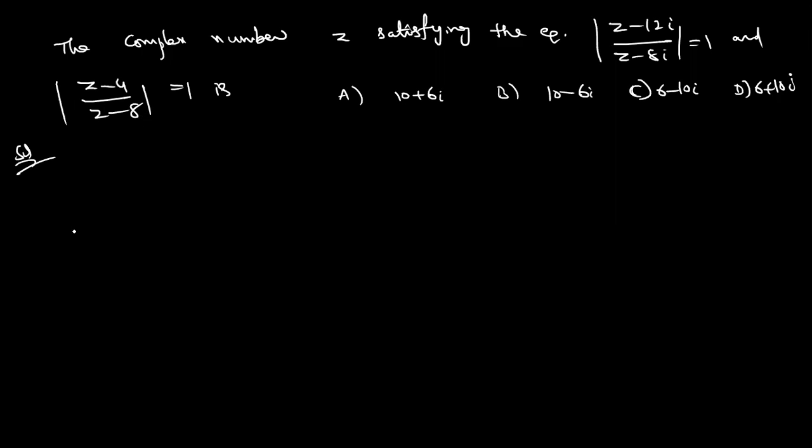Anyone? Simply a definition. How to write this one? See, modulus of z minus 12i is equal to modulus of z minus 8i. Modulus of z minus z1 is equal to modulus of z minus z2. Therefore, what is the locus? Anyone? Locus of z is the perpendicular bisector of the line joining them.